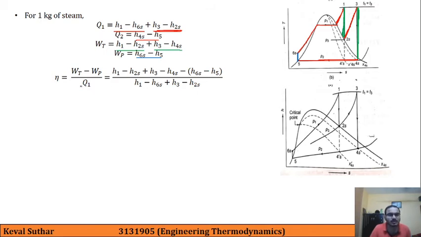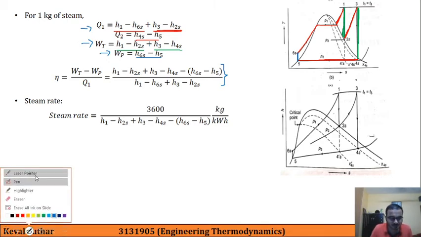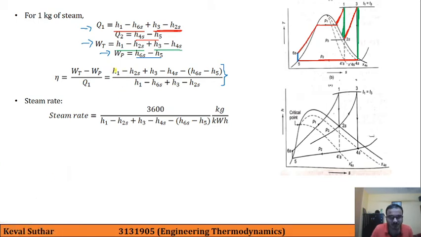Now eta, that is WT minus WP upon Q1. So we can combine this, WT minus WP divided by Q1. So we have combined everything over here. And now the value of steam rate, that is the steam rate is given by 3600 divided by this value, that is we have taken this whole value over here.